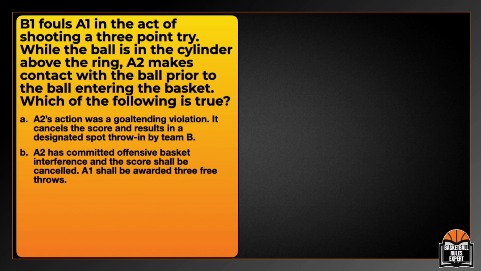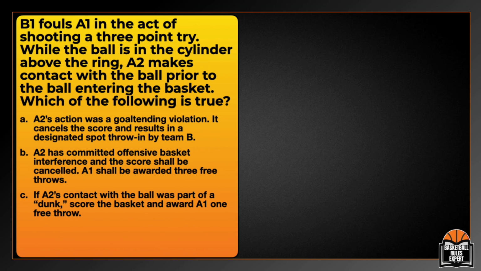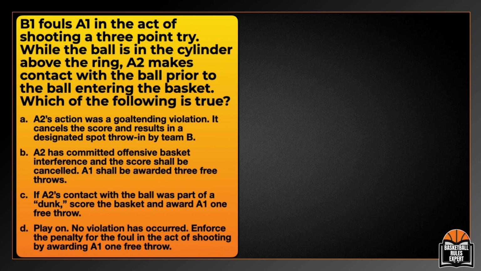A1 shall be awarded 3 free throws. C. If A2's contact with the ball was part of a dunk, score the basket and award A1 1 free throw. Or D. Play on, no violation has occurred, and enforce the penalty for the foul in the act of shooting by awarding A1 1 free throw.